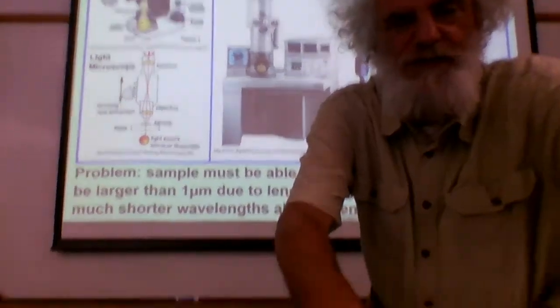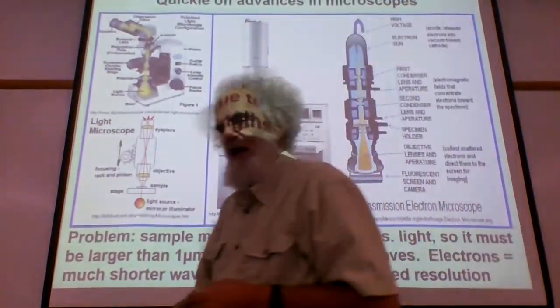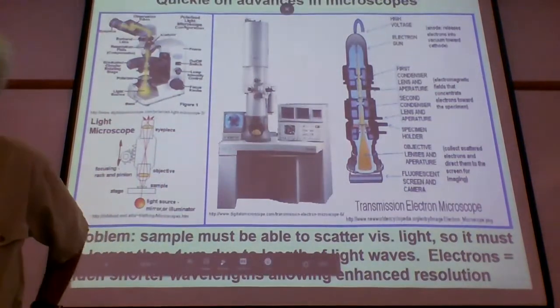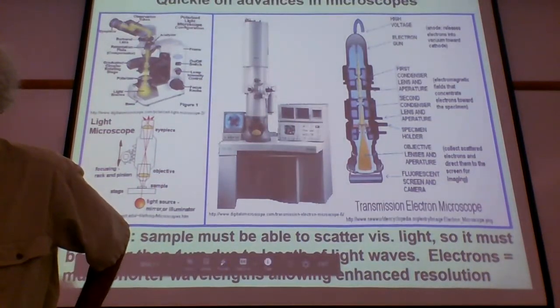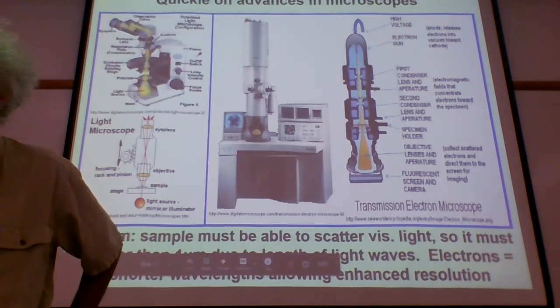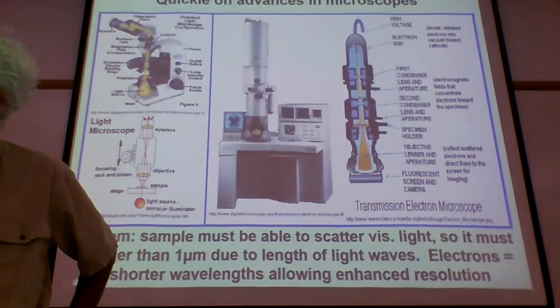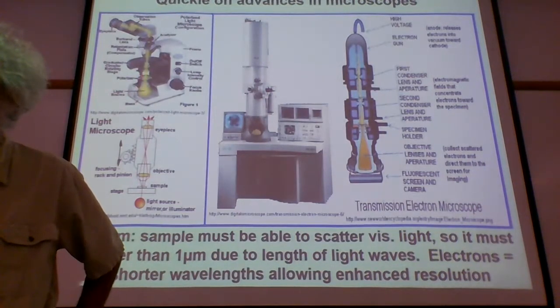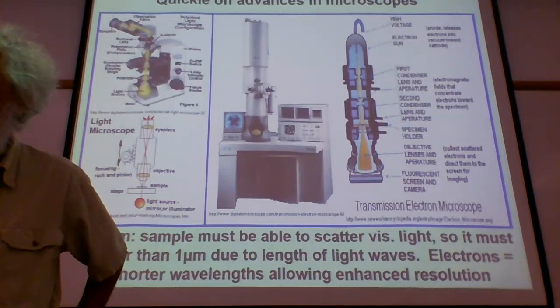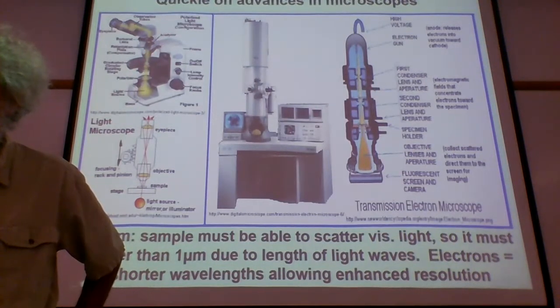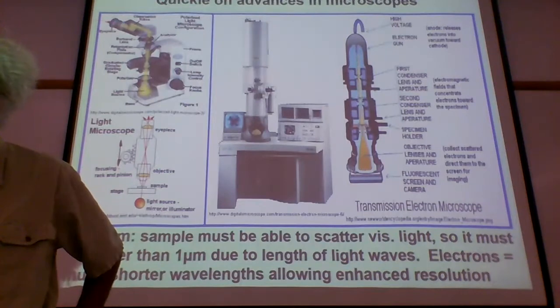Now, looking at the diagram here, we've got a standard light microscope. Let me get my little pointer up. So we have a standard light microscope in which the light source is going through a series of prisms, and we then have the light coming up through the sample and then into the objective, and then up into the eyepiece, and then into your eyeball.